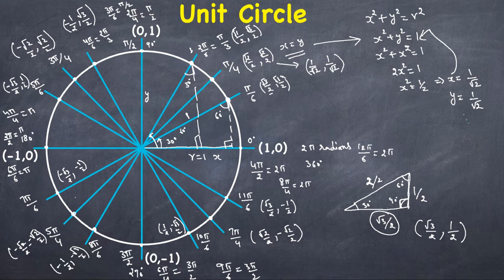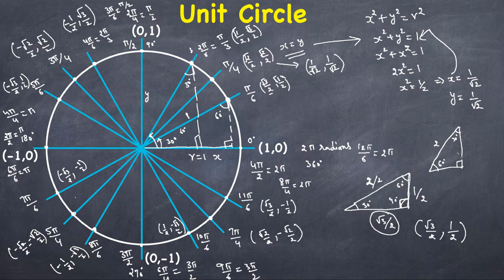Here, let me write it down so you can see. Okay, now we got, this is 60, and this is going to be 30, and this is 90, and the hypotenuse is 2.